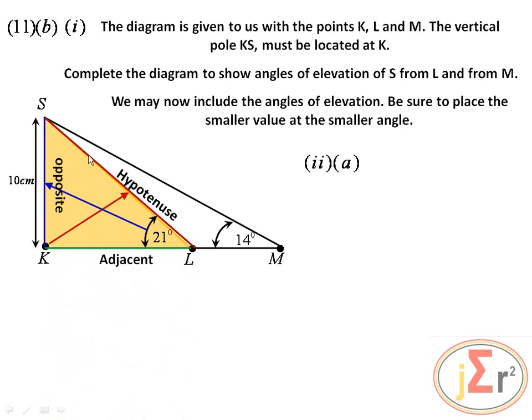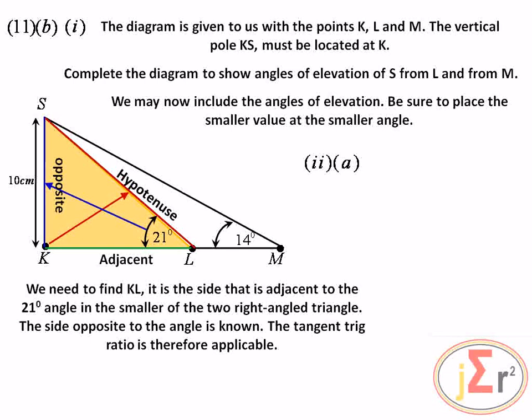No doubt the hypotenuse is the longest side and opposite to the right angle. And how do we know that this is a right angle? Because we have horizontal ground and we have a vertical pole. Horizontal and vertical are always perpendicular to each other, 90 degrees to each other, right angles to each other.